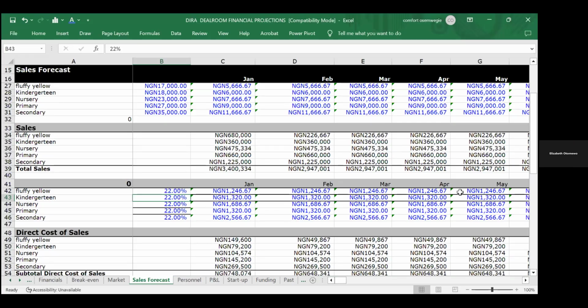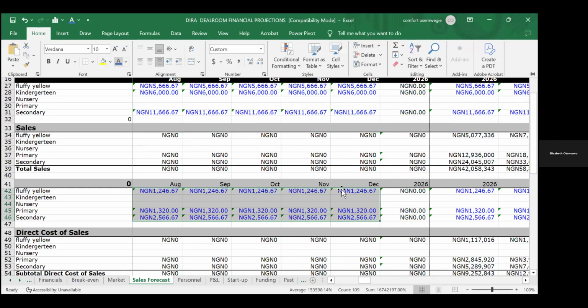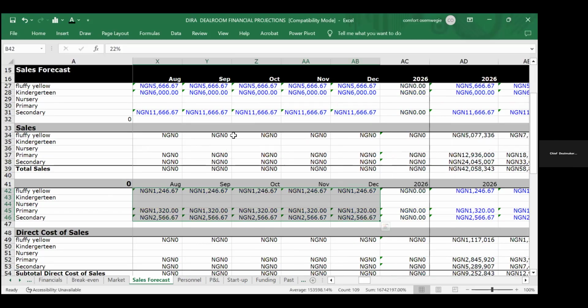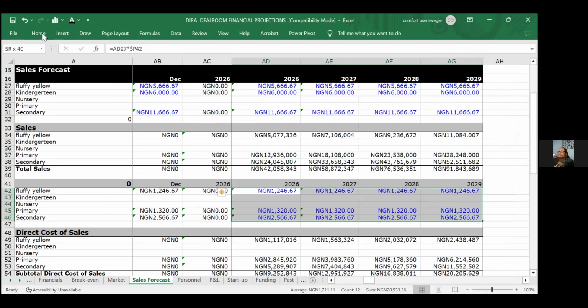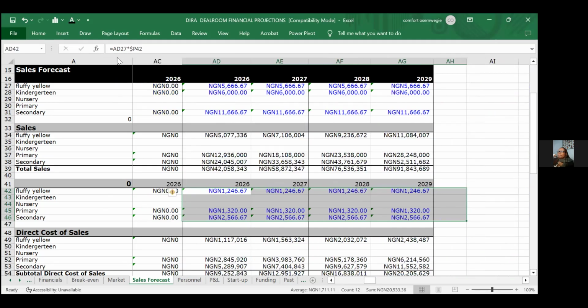Sorry, ma, 45? Yes, from 41 to 47 is supposed to be black. Okay, so can we do a black column there? Yeah, so you just blacken it. That's what I'm doing now. Okay.